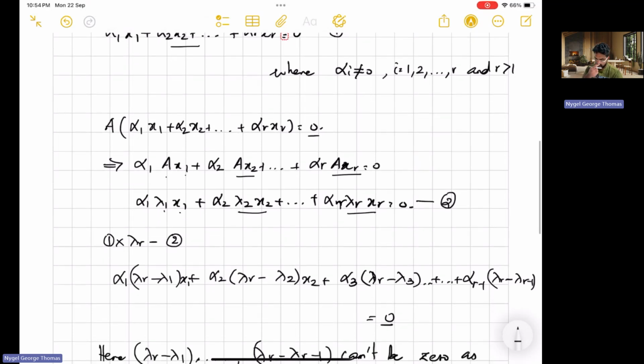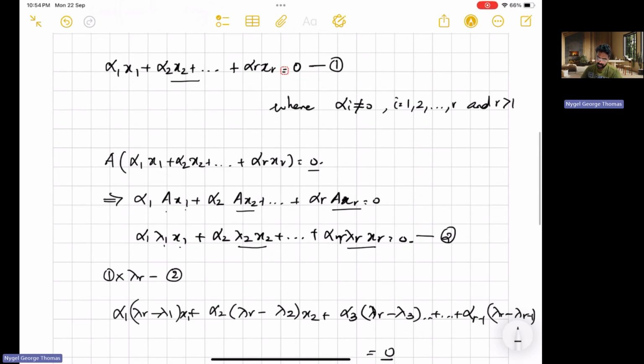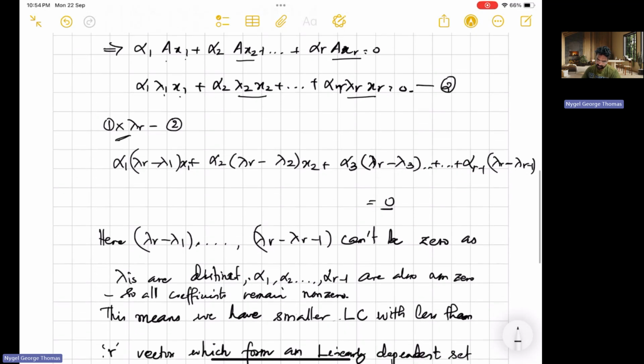Now we multiply the first equation by lambda r and subtract 2 from that. What we get is alpha 1 into (lambda r minus lambda 1) into x1, plus alpha 2 into (lambda r minus lambda 2) into x2, etc., plus alpha r minus 1 into (lambda r minus lambda r minus 1).